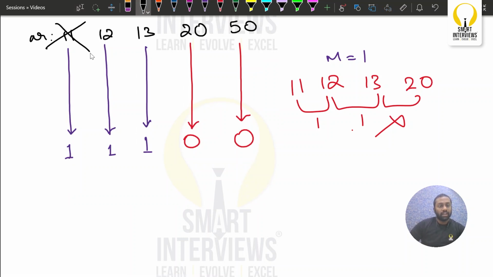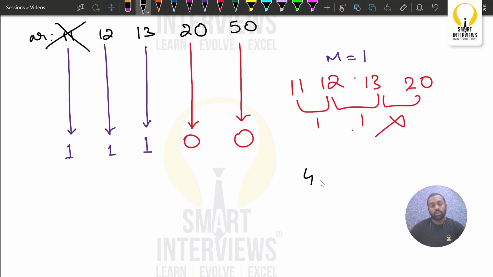For every element I need to remove it, get a new array, and check if the array is smoothly increasing and the difference array is smoothly increasing, which takes how much time? Initially I had four elements, then three, then two, then one. How much time is it going to take?